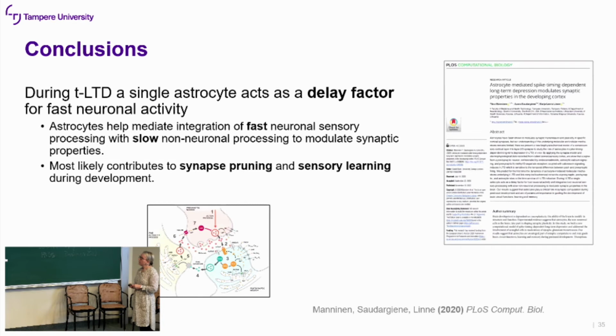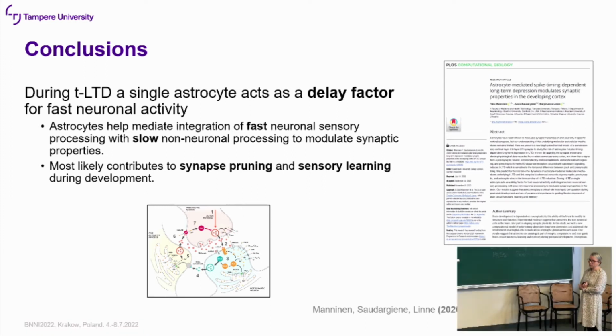And we conclude the work that during this STDP, a single astrocyte acts as a delay factor to fast neuronal activity. So many times you hear in the lectures that it's not possible that astrocytes take part in the very fast neuronal processing, and this is completely wrong.